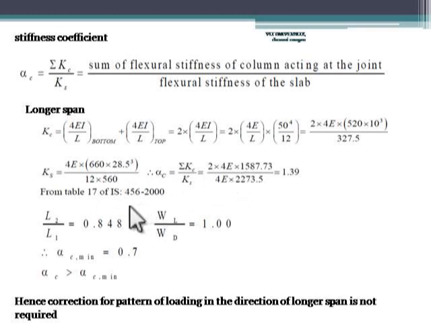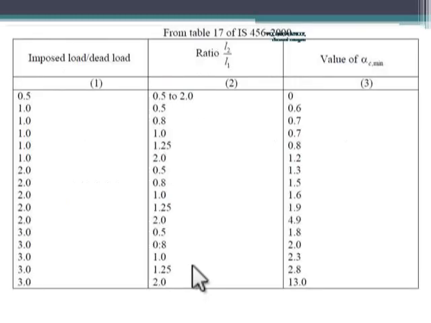From page number 56, Table 17 of IS 456, there we will get the minimum permissible value of alpha c, based on imposed load to dead load, and the ratio of L2 by L1. From there we will get this value 0.848, and for WL by D equal to 1, alpha c minimum we got as 0.7. Hence the correction for the pattern of loading in the direction of the longer span is not required. Here this is the table.